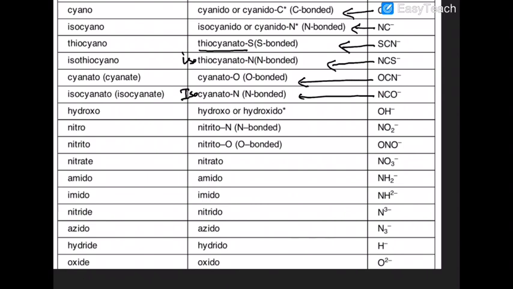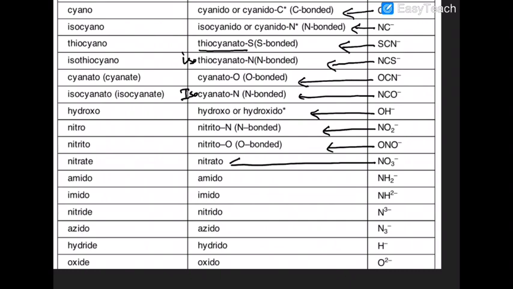OH negative. It is hydroxo or hydroxido. In place of o, you can use ido. NO2 negative. It is nitrito-N or nitrito-O. If bonding through nitrogen, it is nitrito-N. If bonding through oxygen, it is nitrito-O.